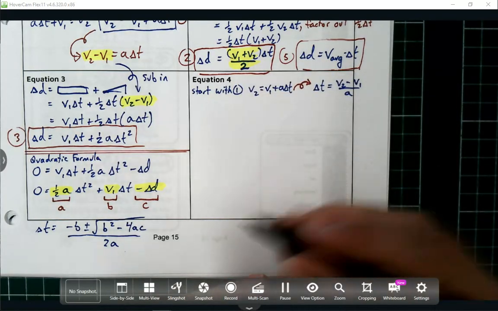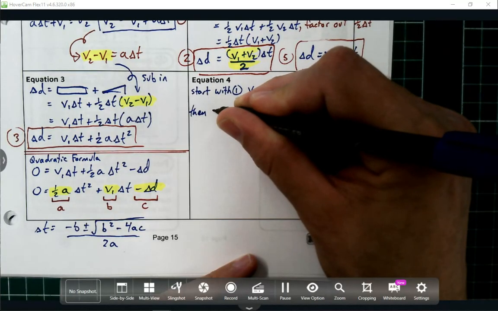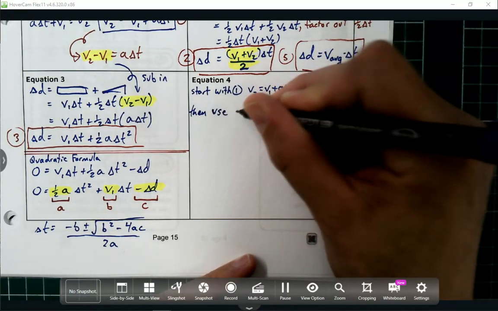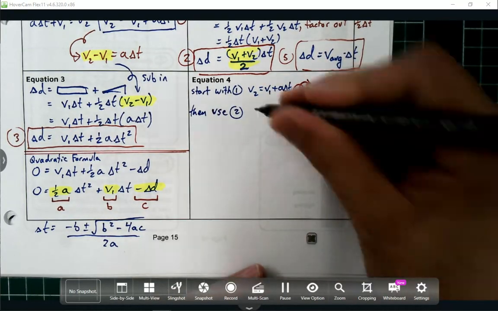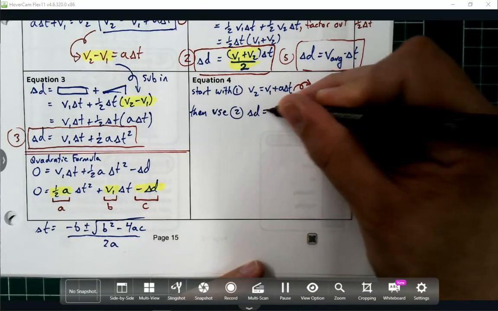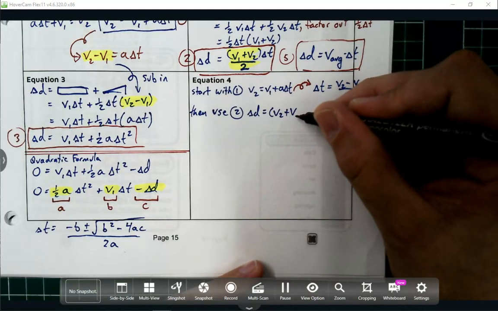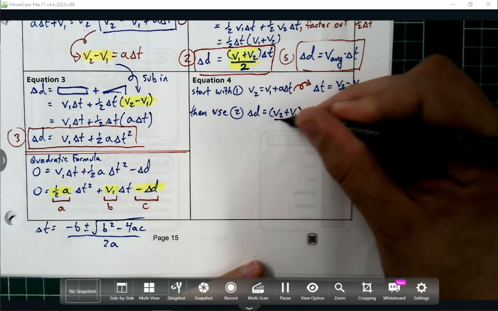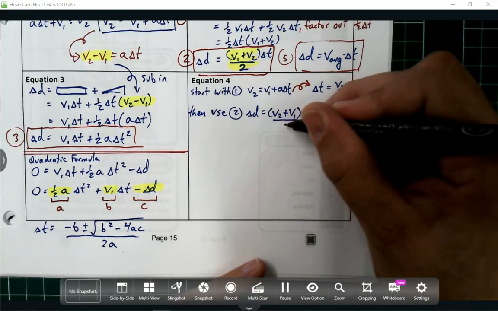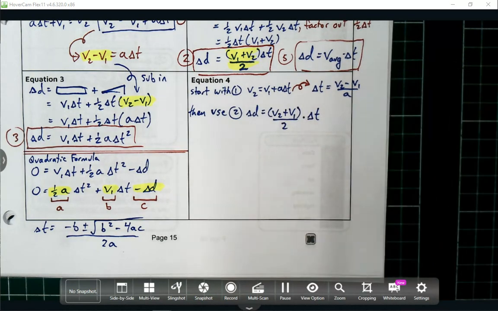I like that, mathematical. So then, use equation 2. And equation 2, we said delta d equals the binomial V2 plus V1 divided by 2 times delta t. Look, it's written right above, still highlighted yellow. Now, I've already used yellow, so I'm going to use pink now.